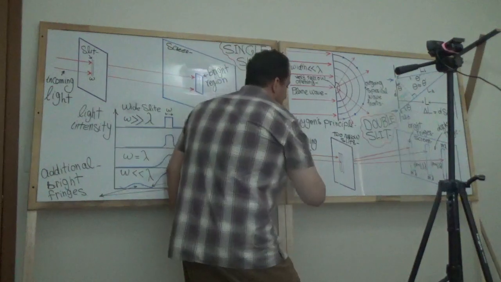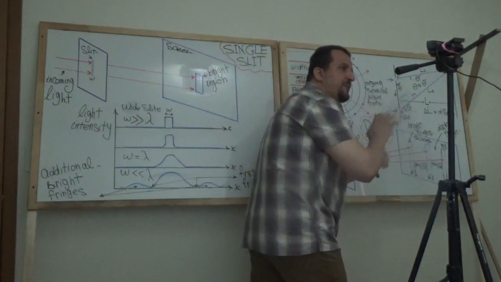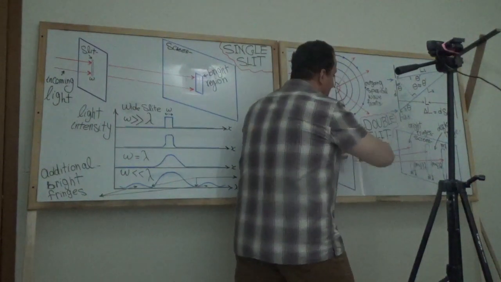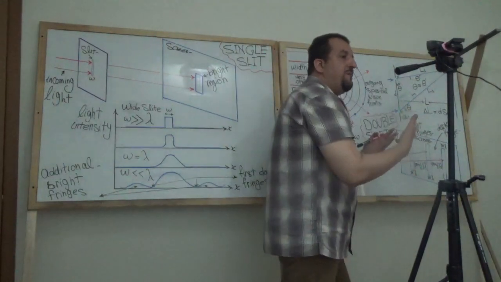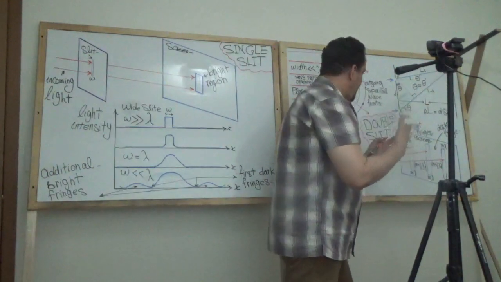So again, we will have here plane waves coming to the double slit and then hits those double slits and then go out. So when they go out, you will notice you will have two sources of spherical, as I mentioned, two sources of spherical wave fronts.